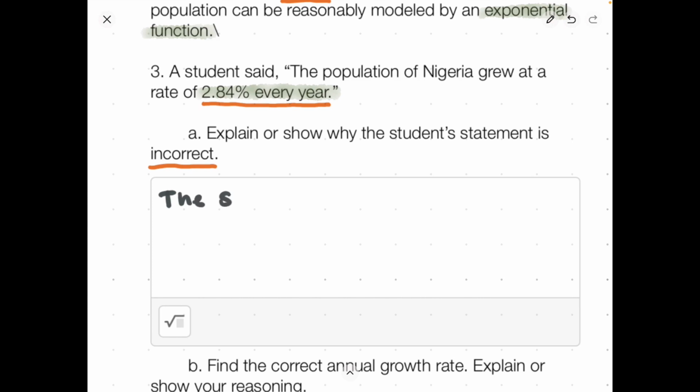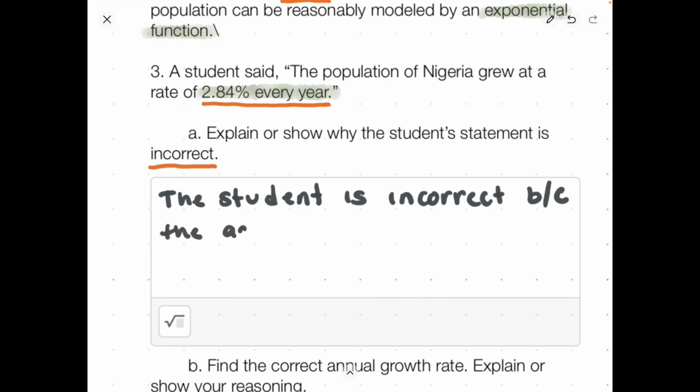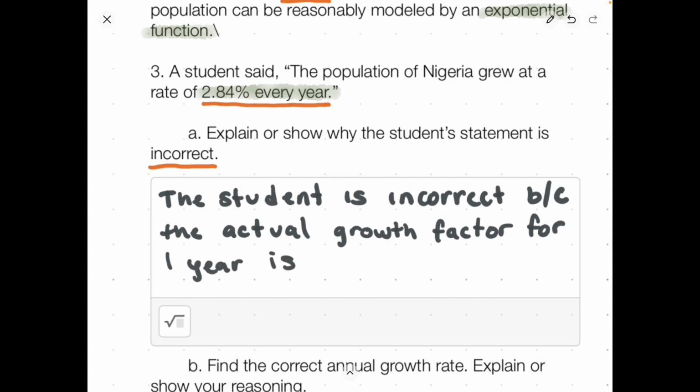The student is incorrect because the actual growth factor for 1 year is 1.025.